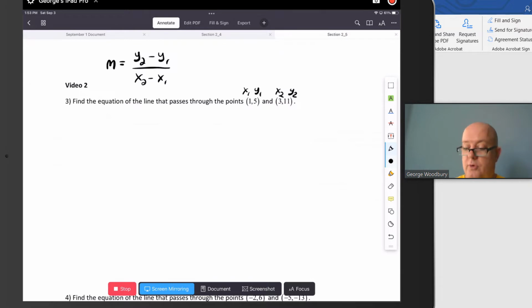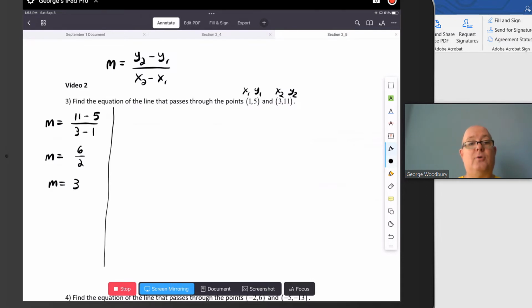So m equals the second y coordinate, 11, minus the first y coordinate, 5, over the second x coordinate, 3, minus the first x coordinate, 1. Subtract in the numerator and denominator, we get 6 over 2, and that simplifies to be 3. So the slope is 3, and I needed that first.